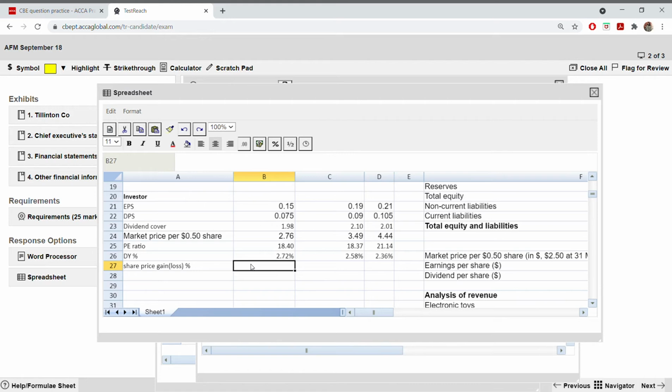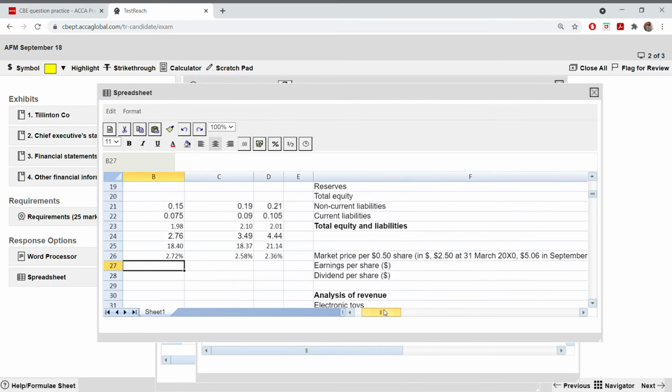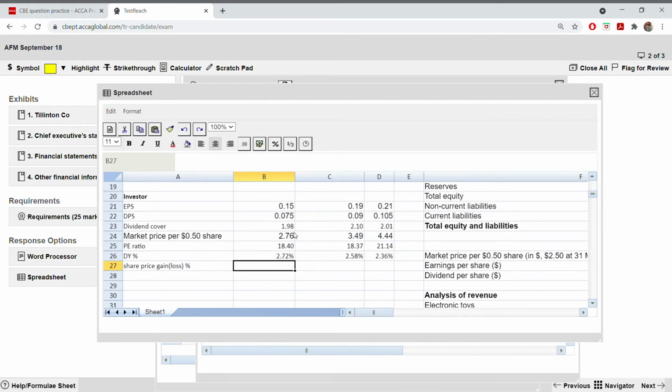Simply take the share price. If you see the share price, it was 2.5 on 31st March 2000, and then it increased to 2.76. So you just take 2.76 minus 2.5, 0.26.